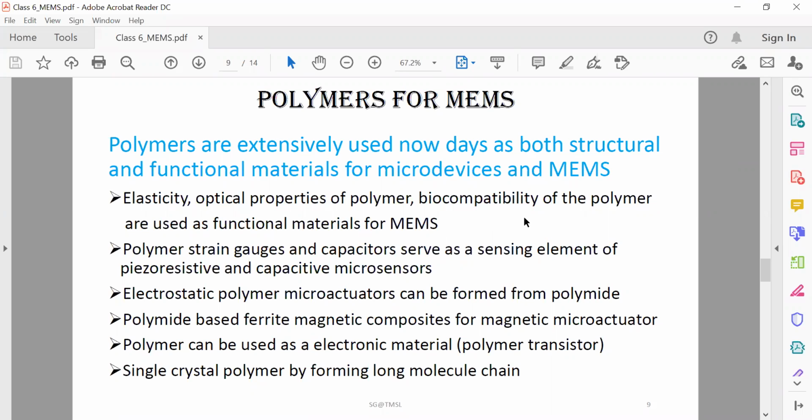These are the main advantages of polymers because of which they can be used as structural materials for MEMS. Polymer strain gauges and capacitors serve as the sensing element of piezoresistive and capacitive microsensors. In these piezo sensors also you can use the polymer material.